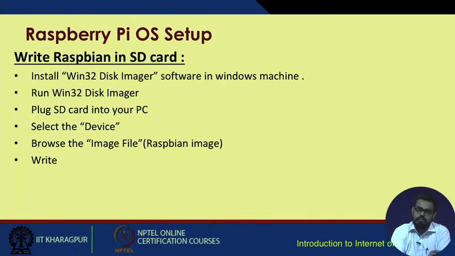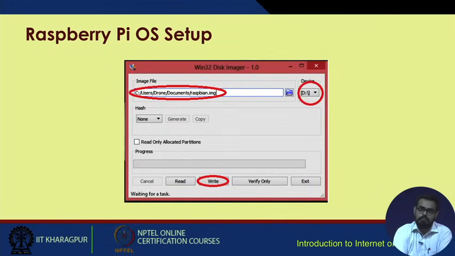You select the device, browse for the image file which contains that Raspbian image, and you just select write. So it will take anything between 15 minutes to half an hour. So once your writing is finished, your memory card is ready to be integrated with the Raspberry Pi.